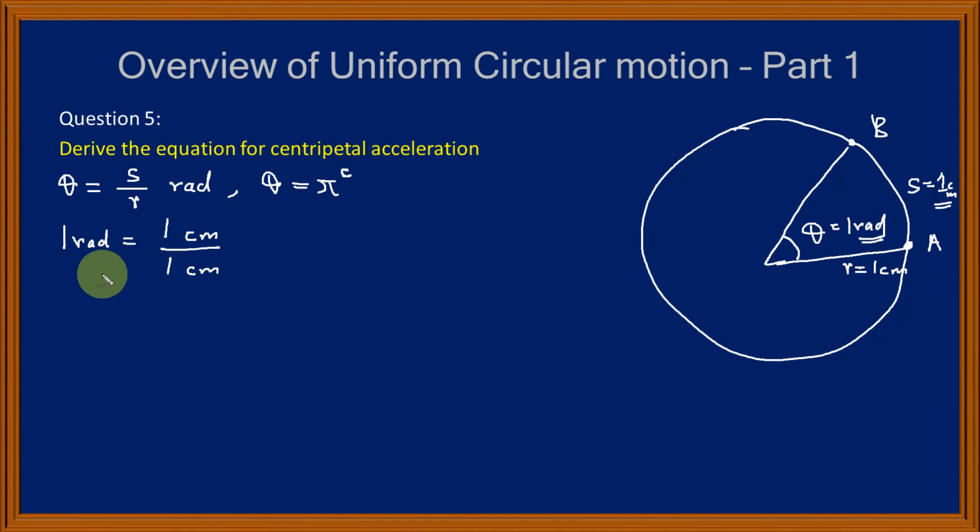So simply put, the radian is the angle subtended at the center of the circular path by an arc whose length is equal to the radius of that arc.